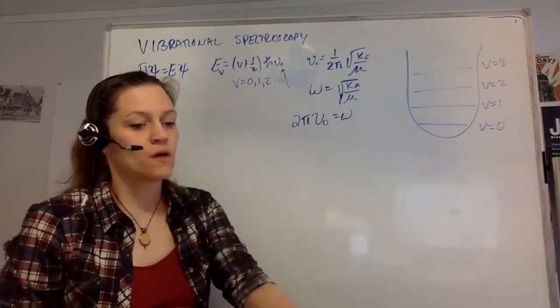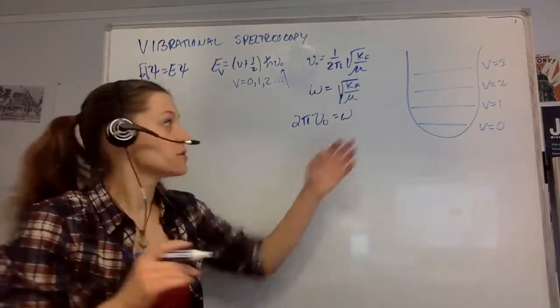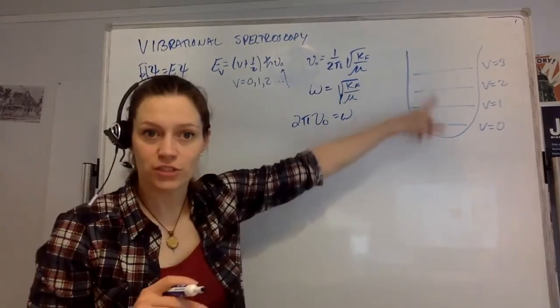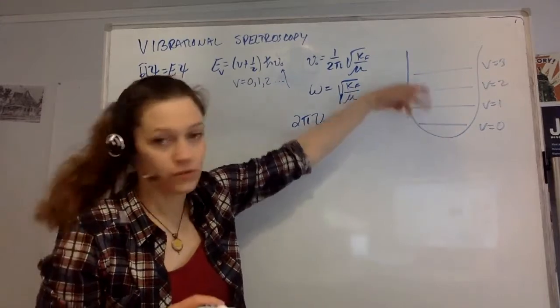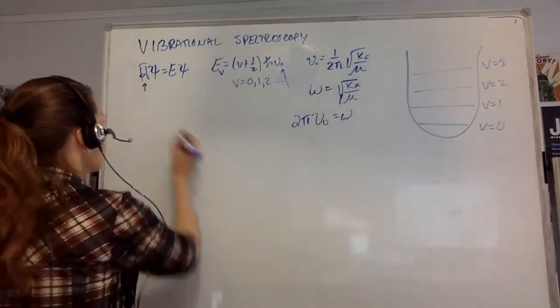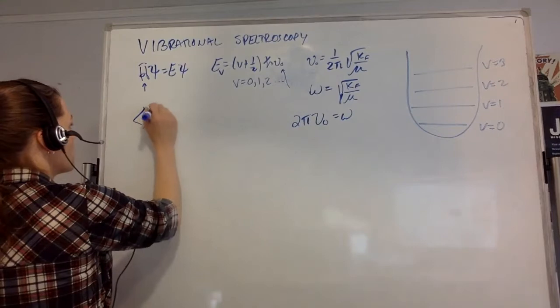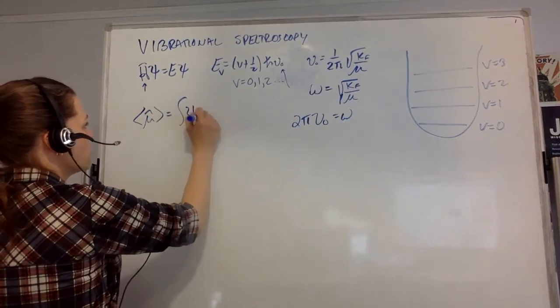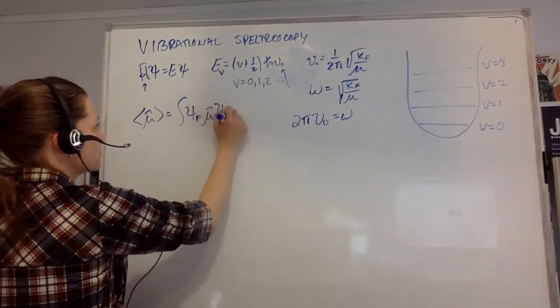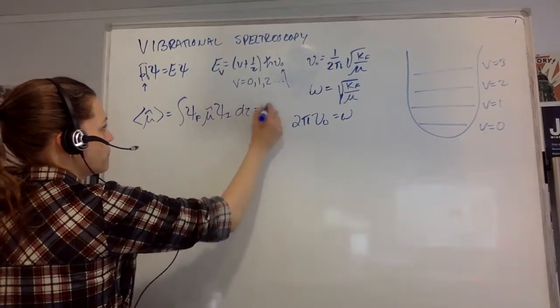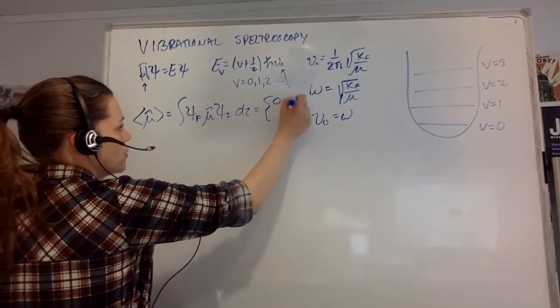Okay? So, selection rules. How do we know if a possible transition can occur between 0 and 1, 1 and 2, 3 and 4? Well, we take the transition dipole moment operator, and if this equals 0, no transition.